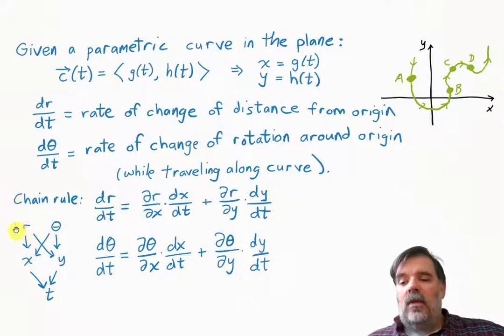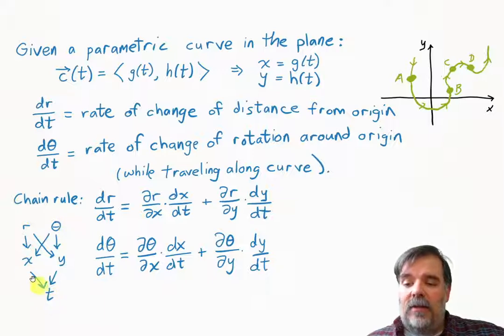Well, you can calculate how r depends on t and how theta depends on t using a chain rule. And over here is the dependency diagram. Right, so r, as we saw, the formula for r involves both x and y. And x and y both depend on t.